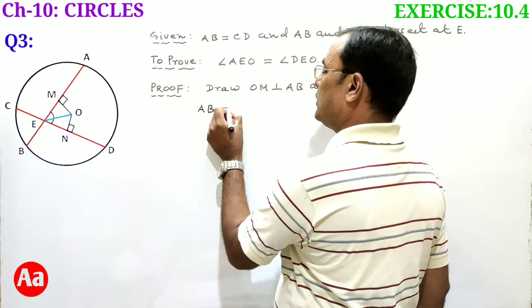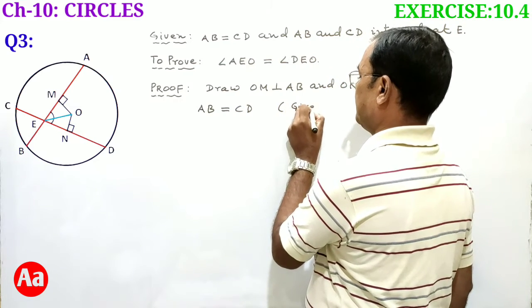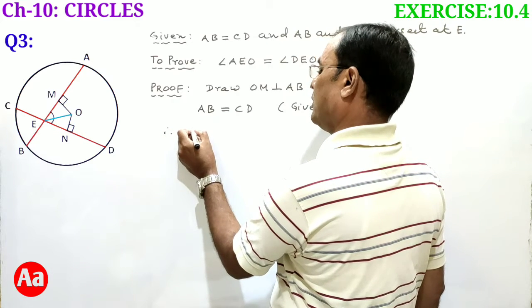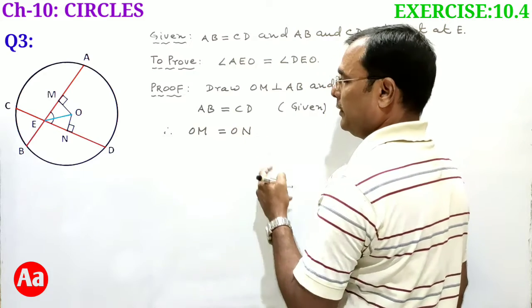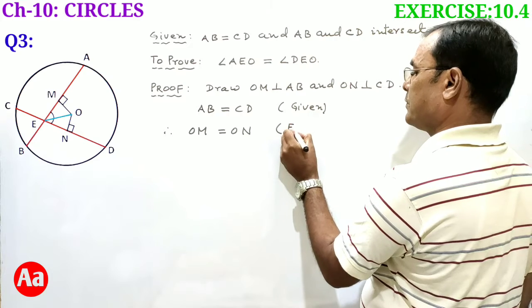AB is equal to CD, it is given, therefore OM is equal to ON.